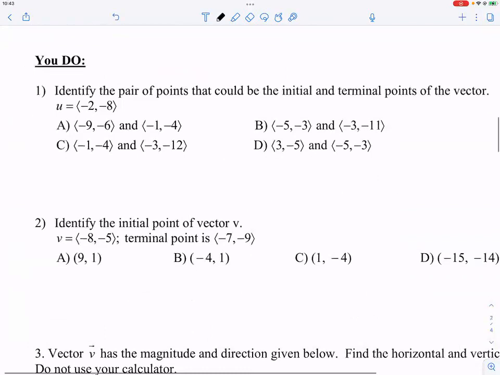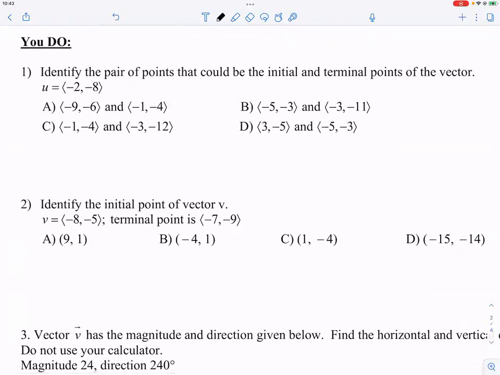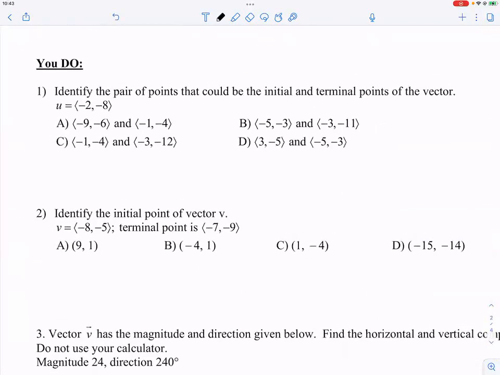Now the next two questions are a little like detective work. It's asking to identify the pair of points that could be the initial and terminal points of the vector. The vector indicates moving to the left 2 units and down 8 units.